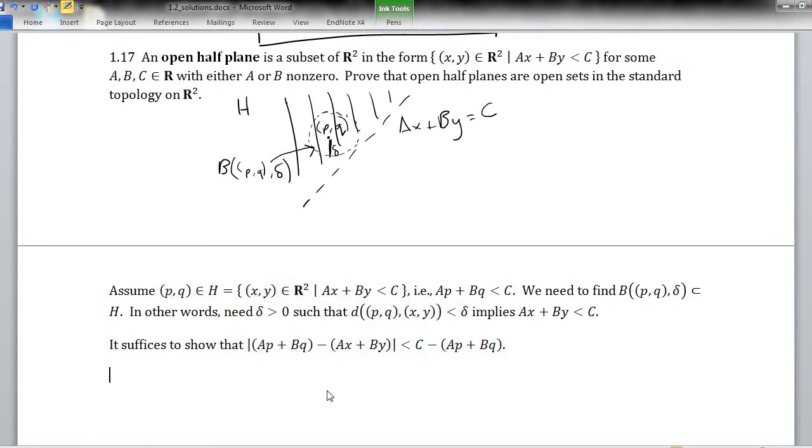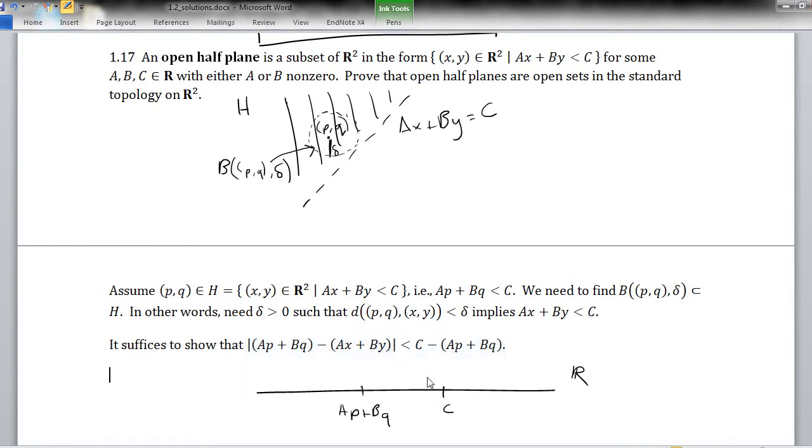So here's my number line. And, okay, I start out with some value AP plus BQ and some constant C. And what I know is that the distance from this AP plus BQ to AX plus BY is less than this distance, C minus AP plus BQ.